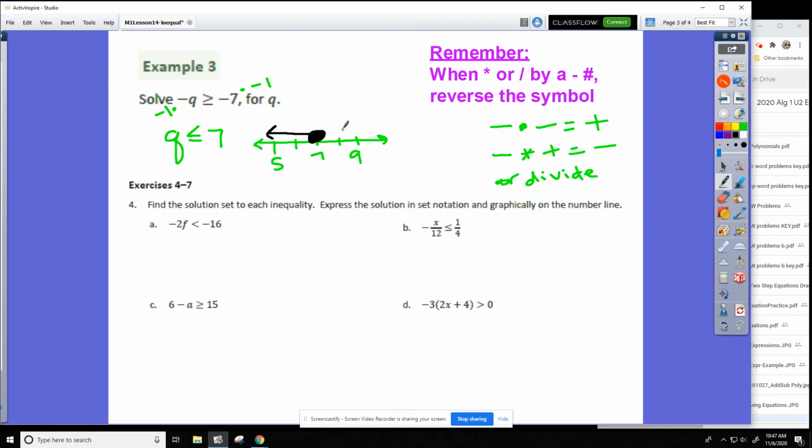If I hadn't flipped the symbol, I would go this way, and it would be -9. -9 is greater than -7. That is not true because remember on the number line, I have -9, -8, -7, -6. -9 is not greater than. When we're going to the left, it's less than.